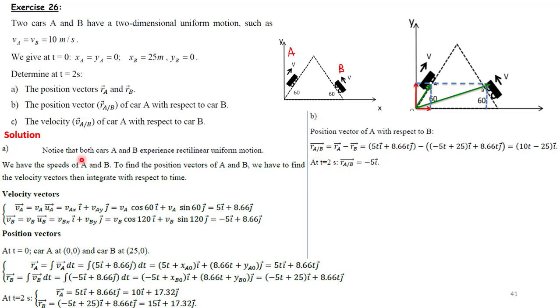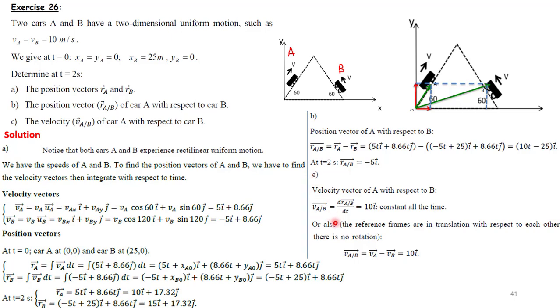Finally, question C, find the velocity VA over B. It's the velocity of car A with respect to car B, so we can take the derivative. VA over B is equal to d RA over B over dt. We found that RA with respect to B is equal to 10t minus 25 along I. We need to differentiate this quantity.